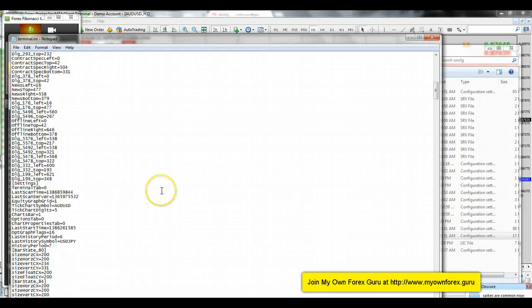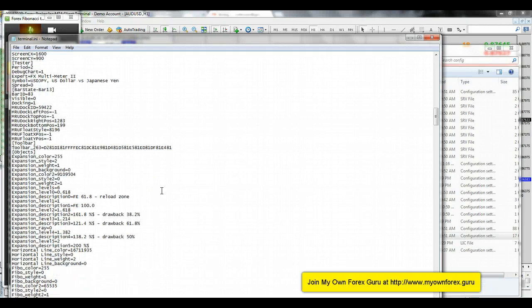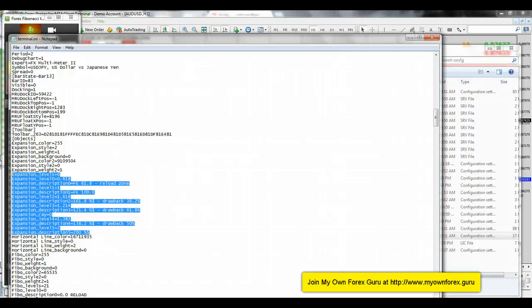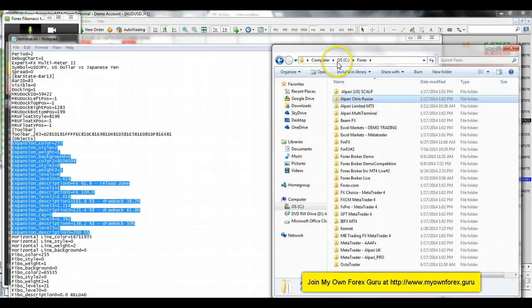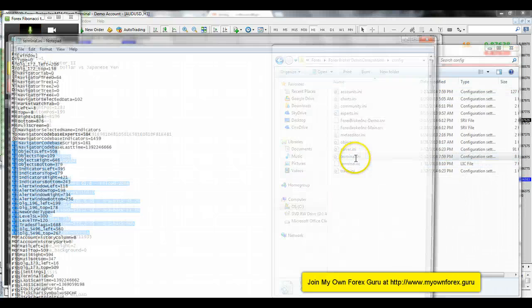I'm just right now looking through my ini file to see if I can modify my Fibonacci. Draw back, we have expansion description 2%. Let's see if we do this. Just going to see if I can do this. Which one am I using? Probably using this one. Sorry about this.